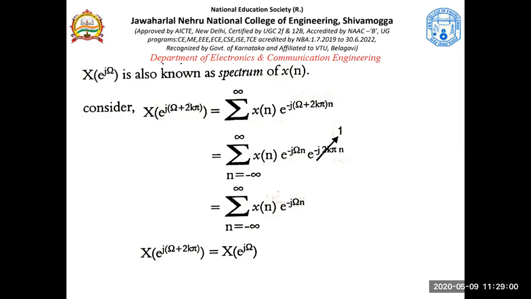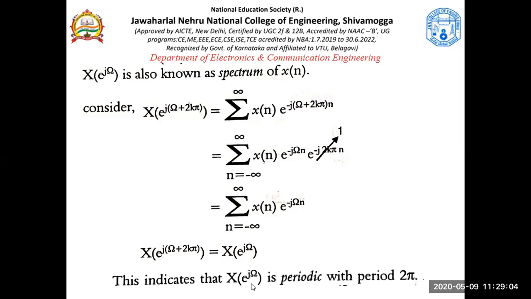It indicates that X(e^jω) is periodic with fundamental period 2π. There is a k here. This k is a constant. You just give any integer to this. You should get the same signal back by adding 2π to this omega. So 2π is the fundamental period.